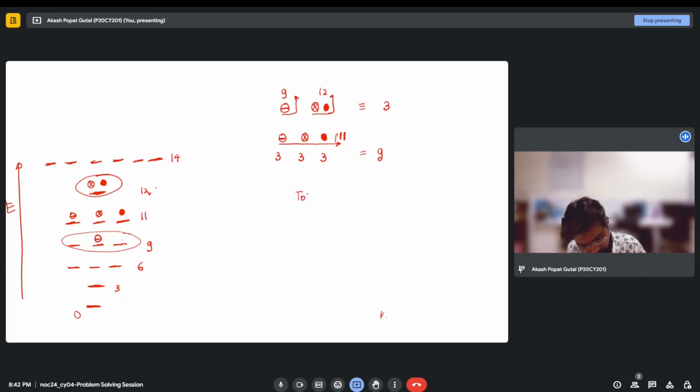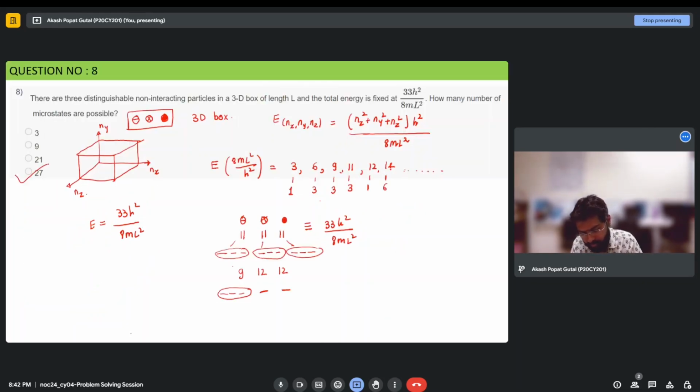So the total number of combinations, which means the total number of microstates, is 9 cross 3, because they themselves can arrange, which is nothing but 27. And your answer must be 27. Fine.